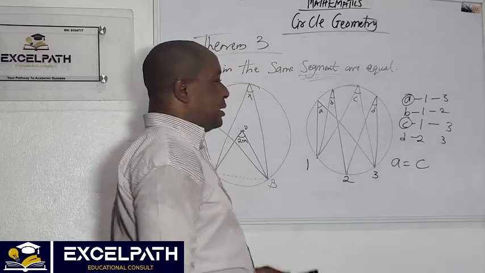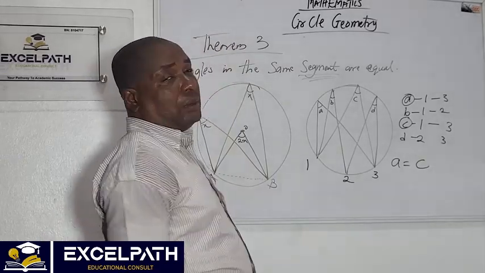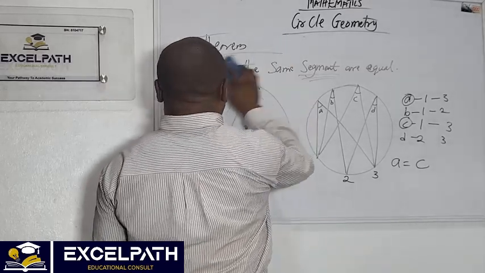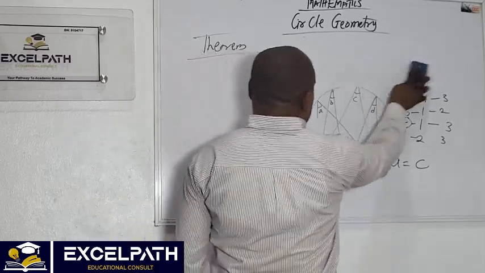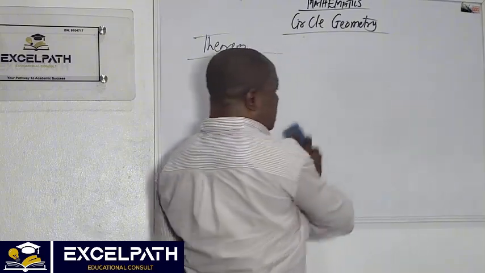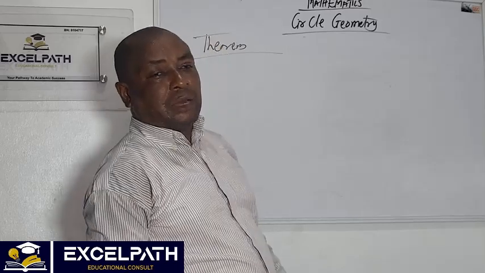So, with that explanation, let's move to another theorem. That's theorem number 4. Please follow up, ask questions. Once we are done with theorem 4, we will go to our past questions and look at the questions we have there. Are we ready?